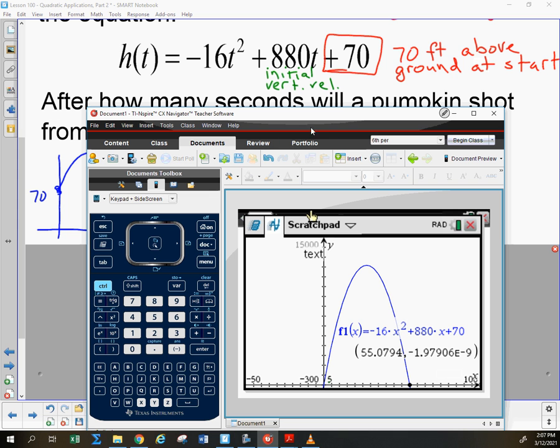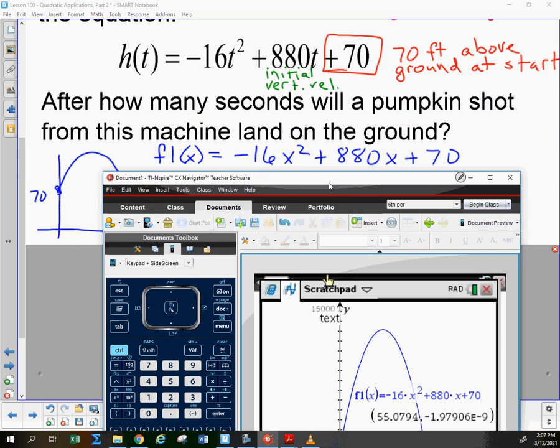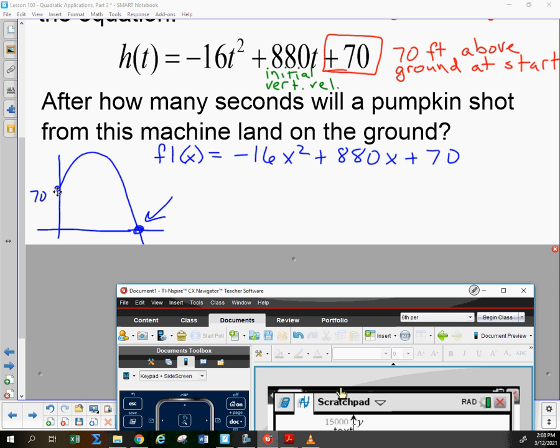But it is not okay with me if you draw one that goes through 0, 0, because in the context of this problem, you know that it has to start at 70 because of that plus 70. So I am going to count it as a mistake if you don't have that 70 marked on there, and if your parabola looks like it is starting going through 0, 0 instead of 0, 70.